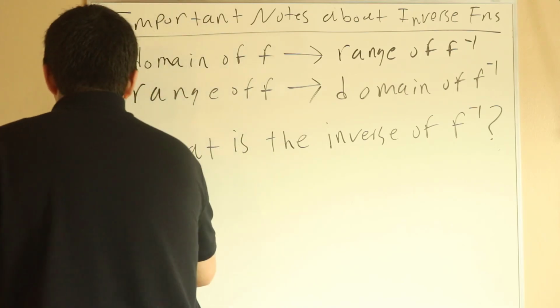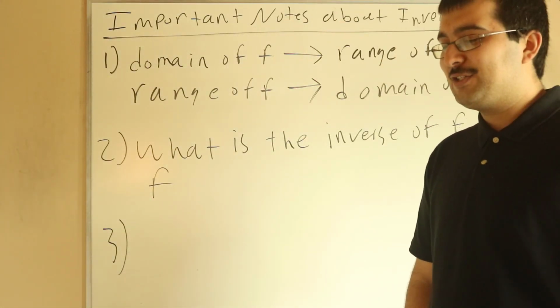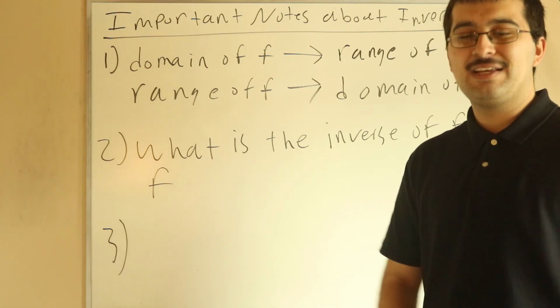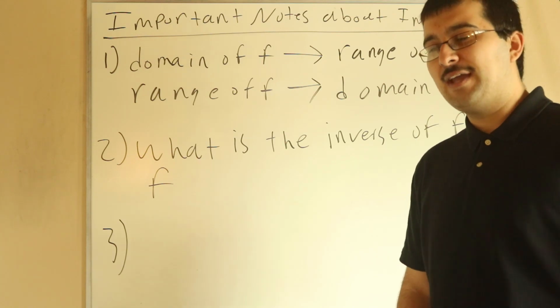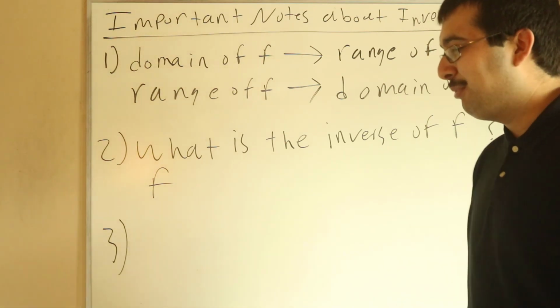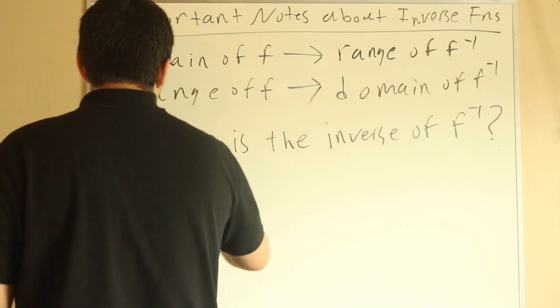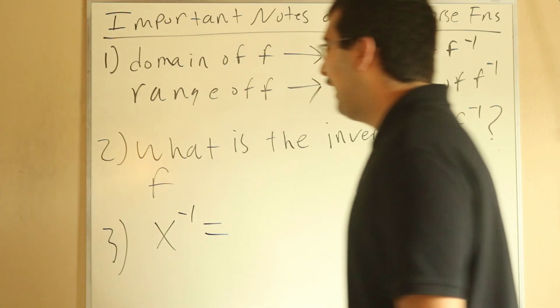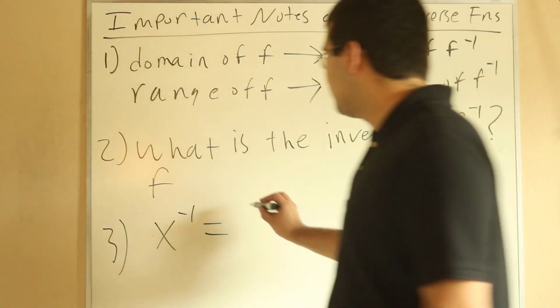And then lastly, the third most important point is directly a result of the fact that we mathematicians are incredibly lazy and we like to reuse notation, and it causes a lot of confusion for other people. We have seen and used before the fact that x to the negative 1 power equals 1 over x.